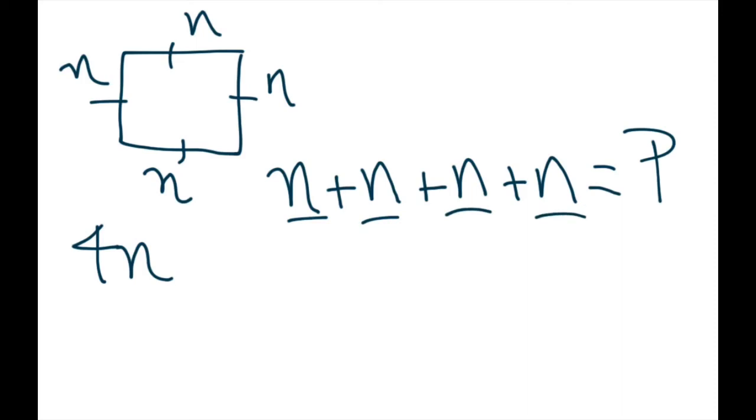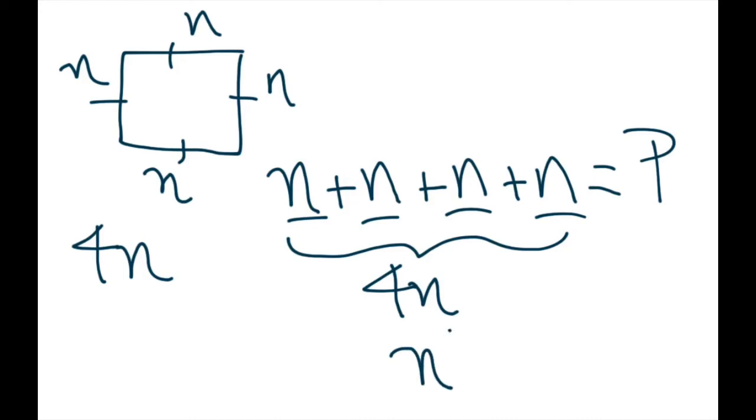Well, if I have 4 n's that I'm adding together, the shortcut or the shorthand way that I can write that is 4n. That is very different than telling me n to the power of 4.